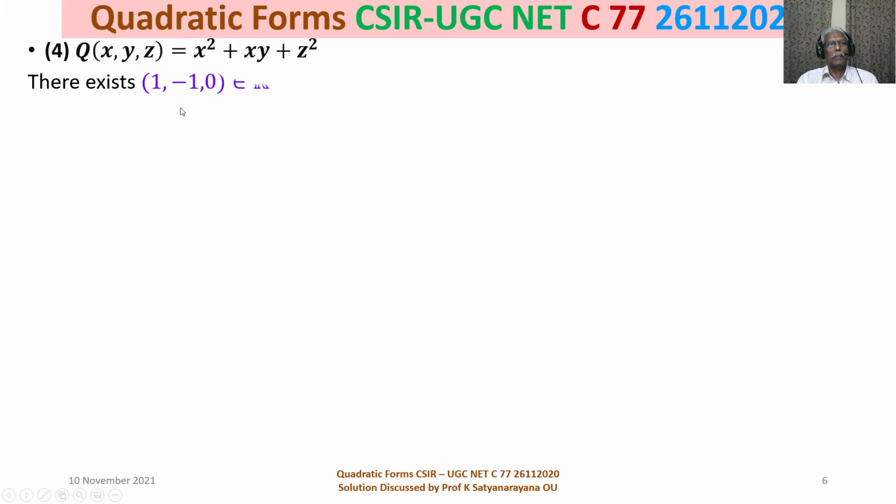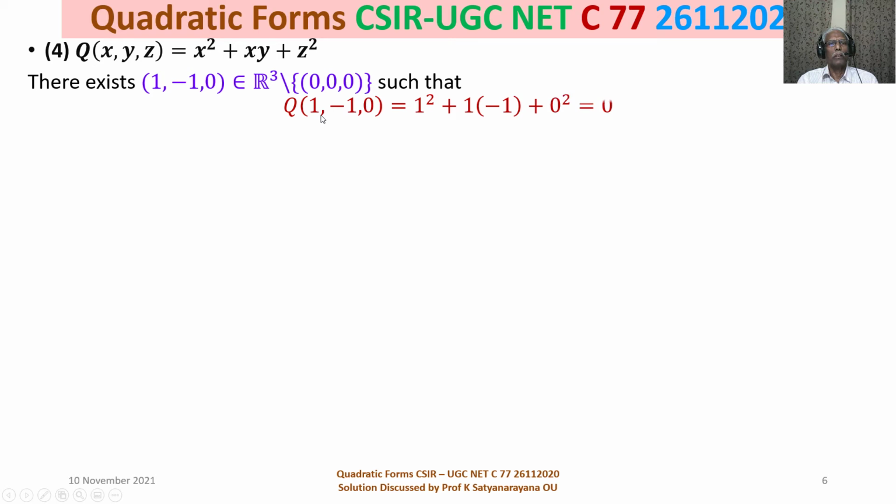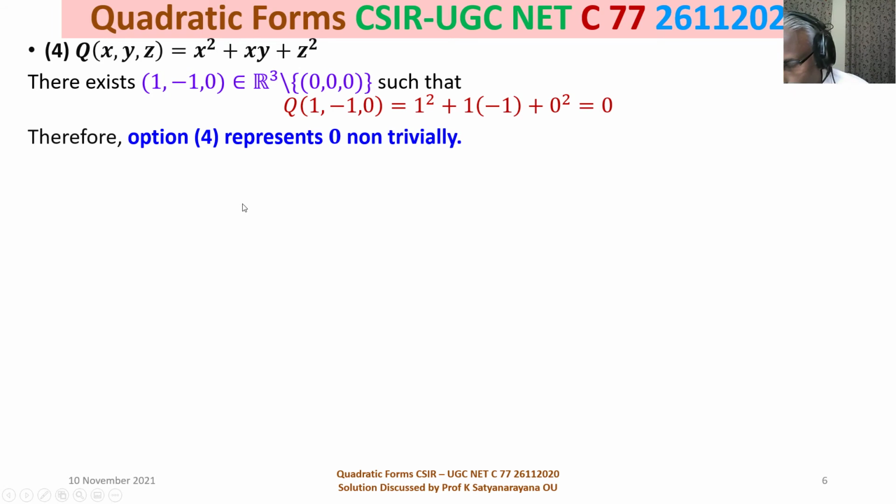So there exists 1, minus 1, 0 in R cube, not a 0 triad, such that Q of 1, minus 1, 0 is 1 square plus 1 into minus 1 plus 0 square, equal to 0. Therefore, option 4 represents 0 non-trivially. So options 1, 2 and 4 so far represent 0 non-trivially.